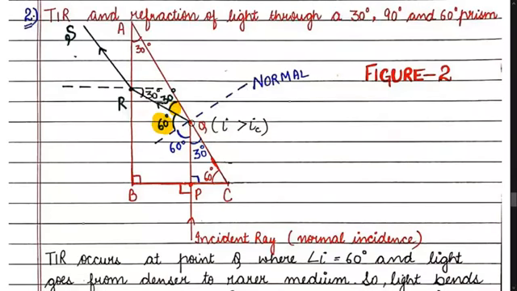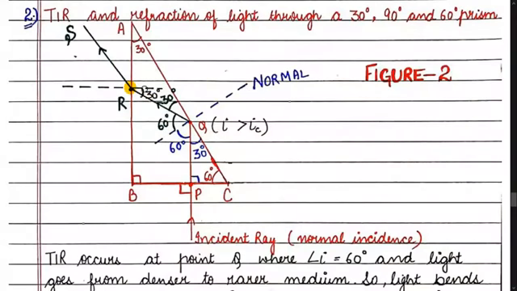Now students, this internally reflected ray QR, when it reaches point R, then again the light has to travel from denser to rarer medium.